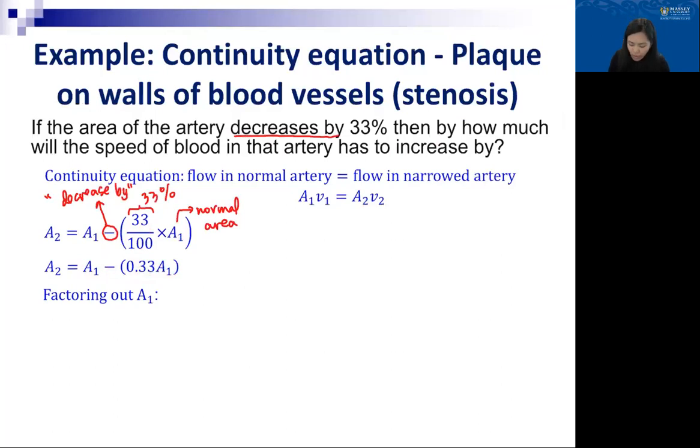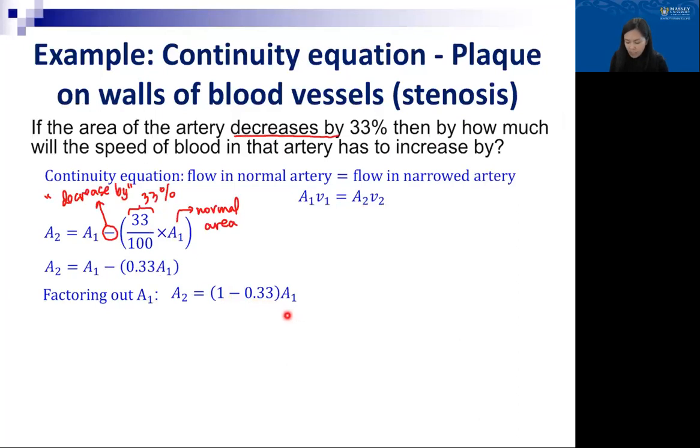Notice in the right-hand side, you have A1 appearing in both the subtraction terms. So we can factor out A1. If you factor out A1, take it out of both terms, we have 1 minus 0.33 times A1.